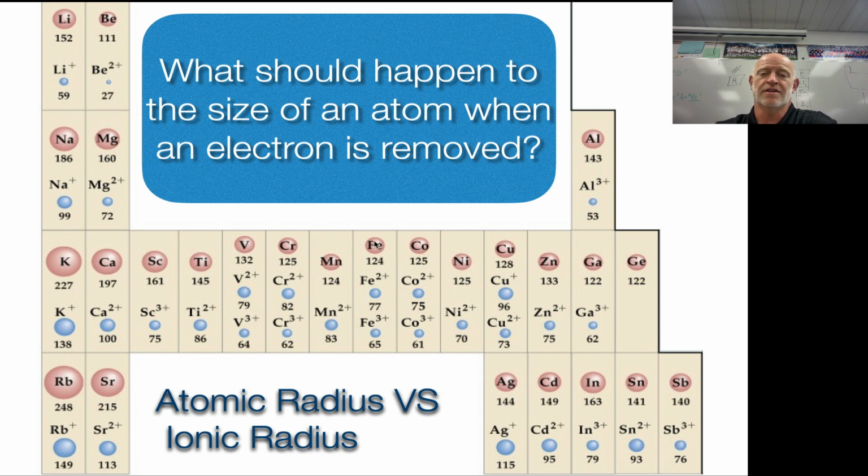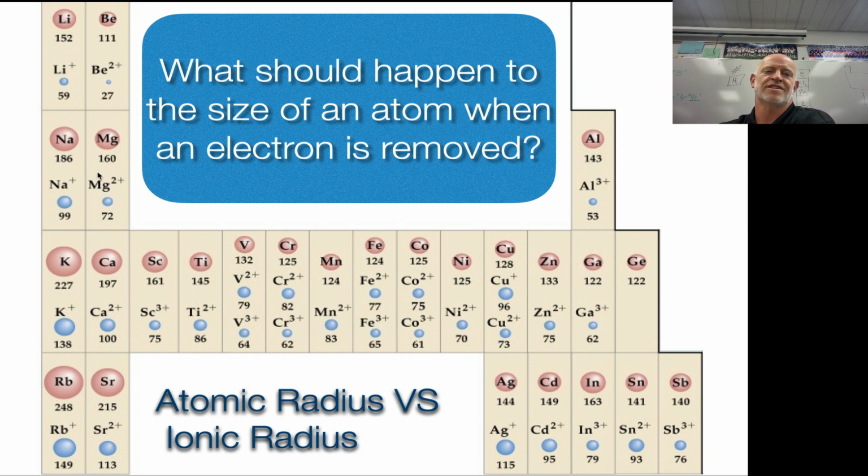So for iron, it starts off having 25 protons and 25 electrons. Well, if you take away 3 electrons from that, now there's still 25 protons pulling and trying to squish the electrons as tight as possible, but there's only 22 electrons that are flying around trying to get away. So now the pull from those 25 kind of overpowers the 22 and it shrinks them down even smaller, okay?